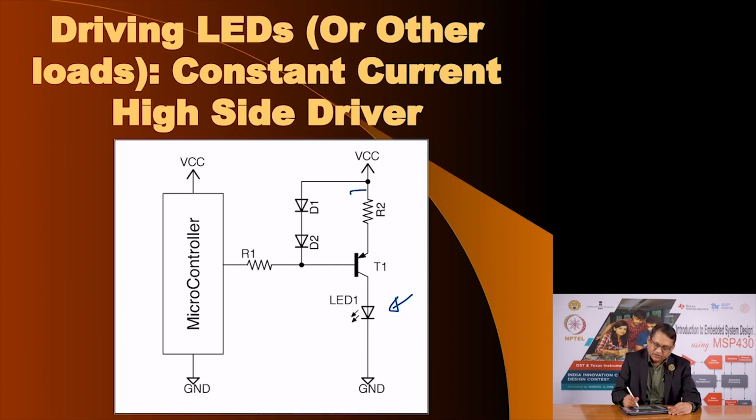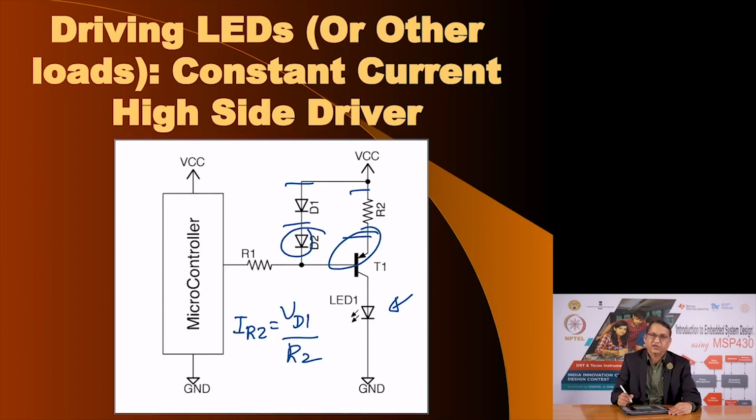Now, the voltage across this R2 will be equal to one of the LEDs, the other LED will be used to compensate for the VBE drop across the VBE of transistor T1, and therefore, the current that will flow through R2, IR2, is equal to the voltage drop across diode 1, which is VBE, say 0.7 volts, divided by R2. That becomes the emitter current of this transistor.